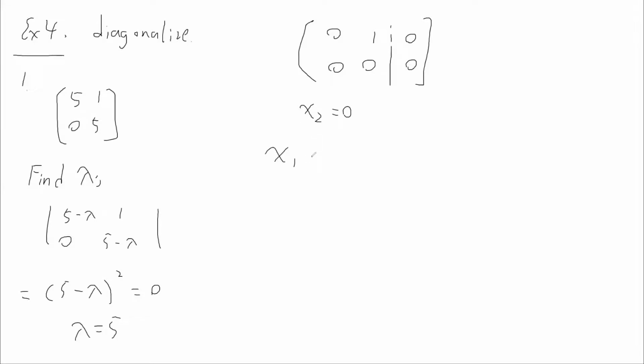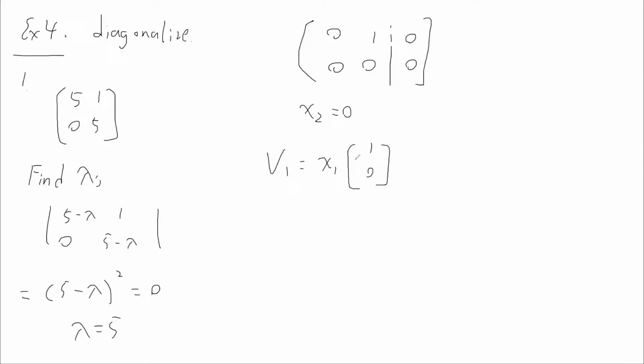So the general eigenvector v1 has this form of x1 multiplied by (1, 0).